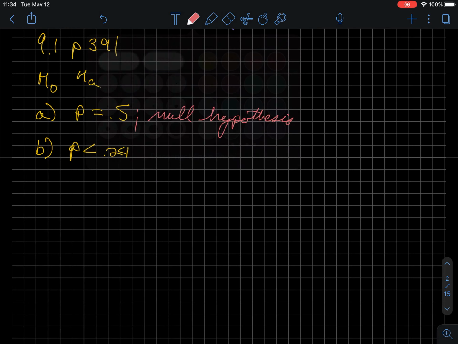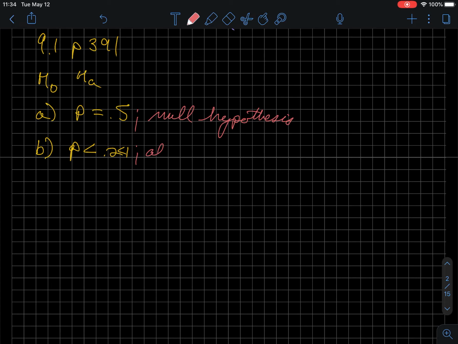So here, this is an alternative hypothesis because we have a less than statement. So it's making an assertion that something is different. It proposes something else. So that part's good.